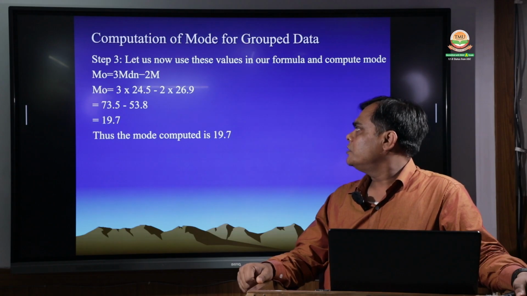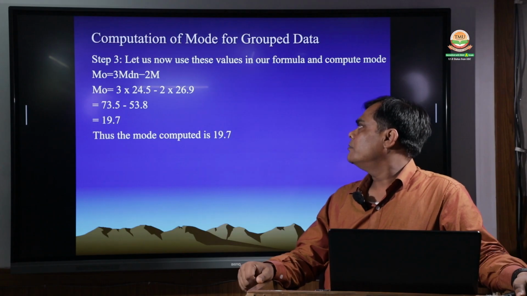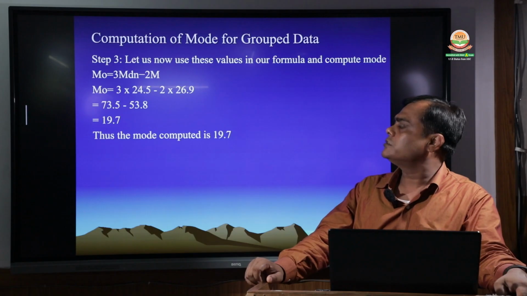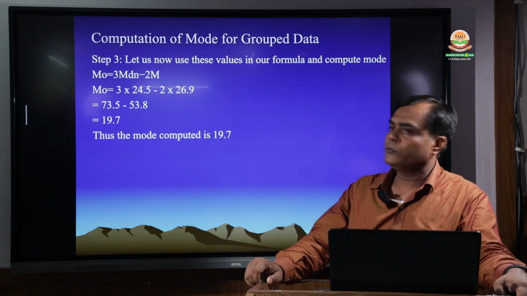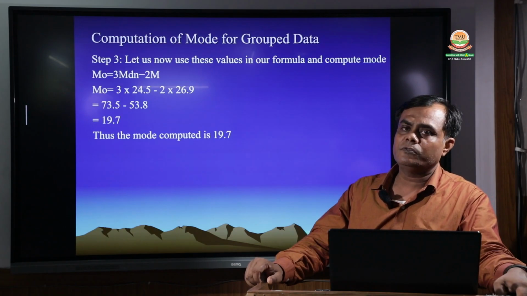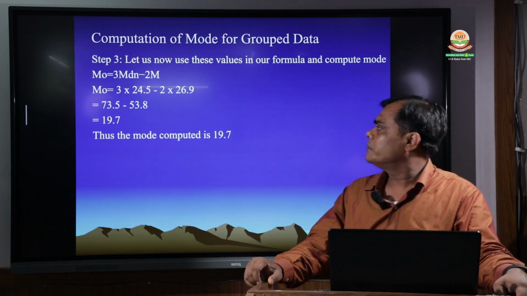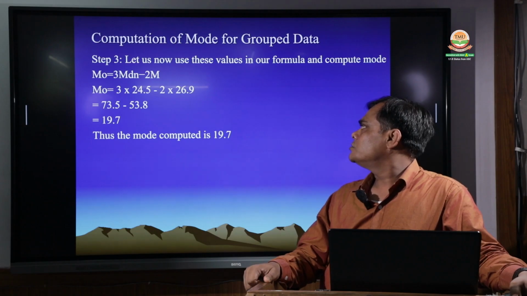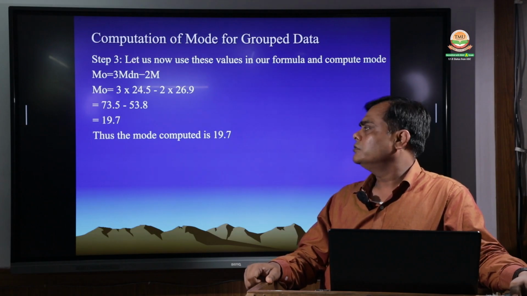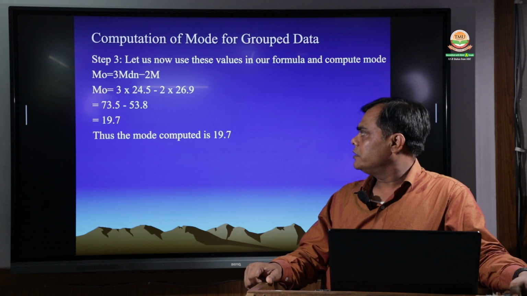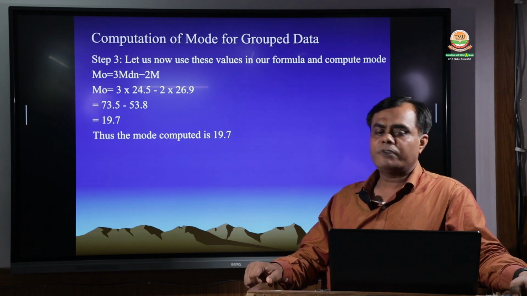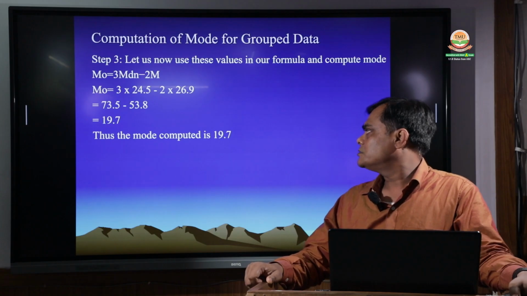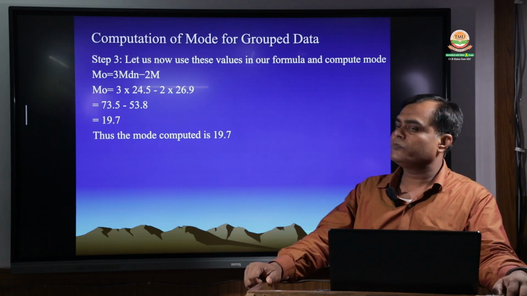So 24.5 multiplied by 3 becomes 73.5, and 26.9 multiplied by 2 is 53.8. So 73.5 minus 53.8 is 19.7. Thus the mode computation is 19.7.